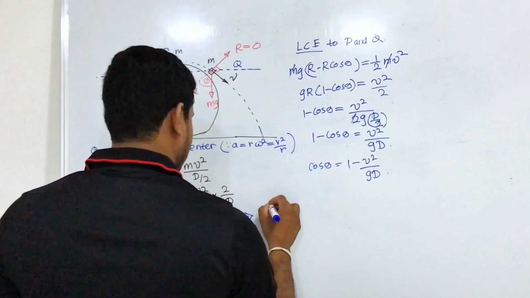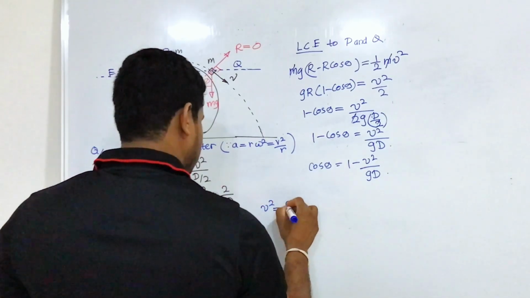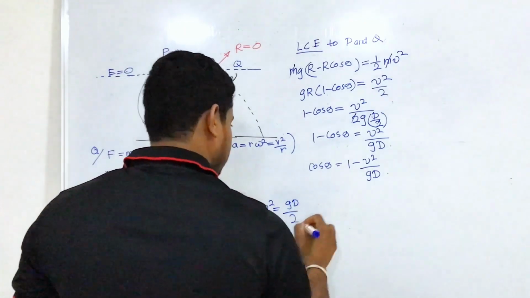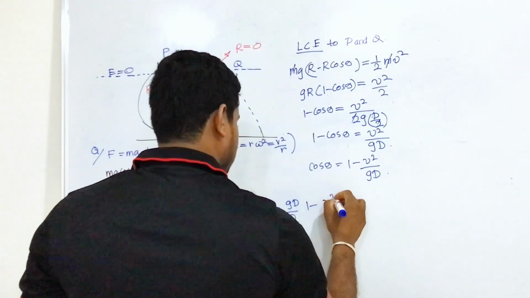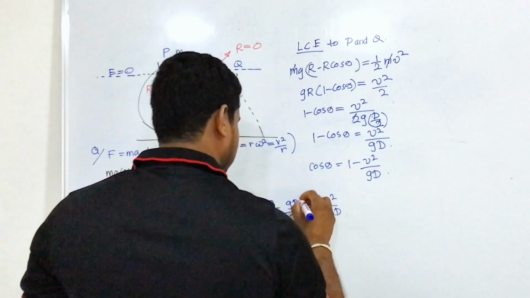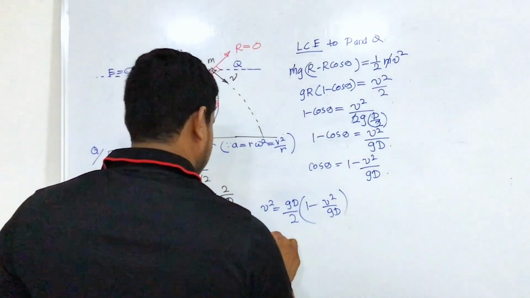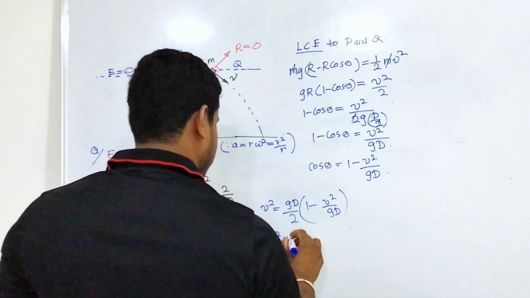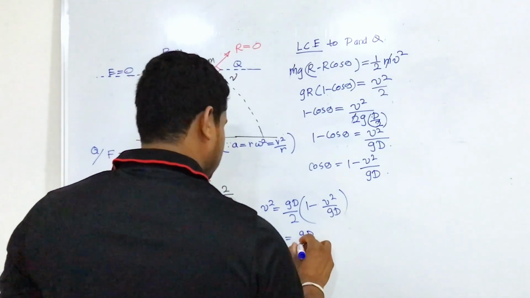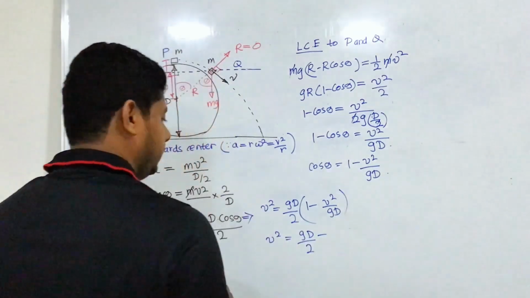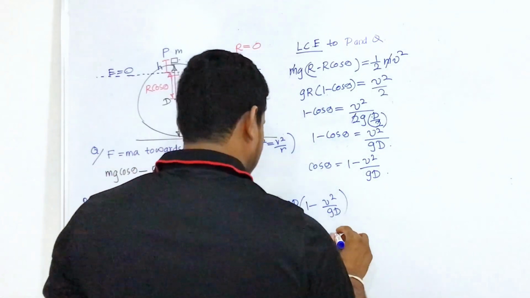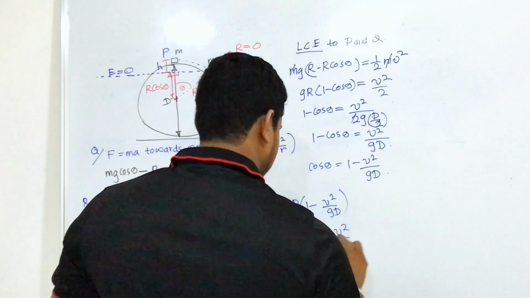That is v squared is equal to gd over 2 times 1 minus v squared over gd. So you can expand the bracket. V squared is equal to gd divided by 2 minus, here gd cancels out, v squared over 2.